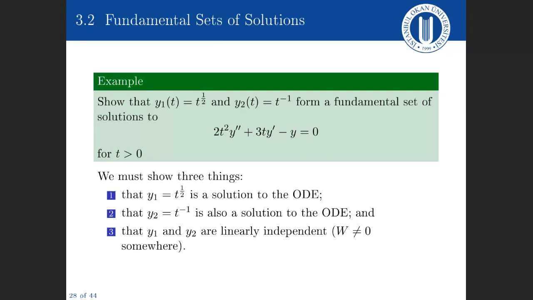We need to show three things. We need to show that t to the power of a half is a solution to the differential equation. We need to show that t to the power minus 1 is also a solution to the differential equation. And we need to show that these two functions are linearly independent. In other words, we need to check that the Wronskian is non-zero somewhere, at least one point.